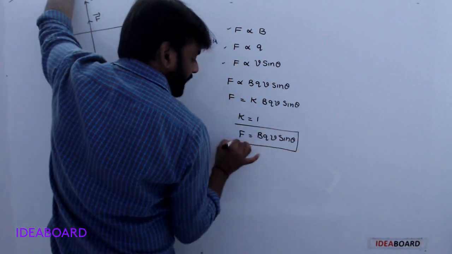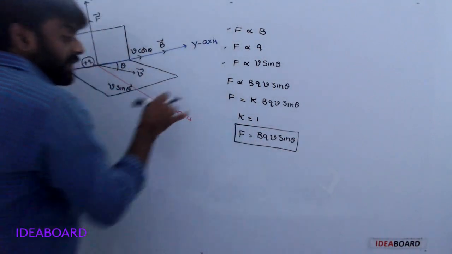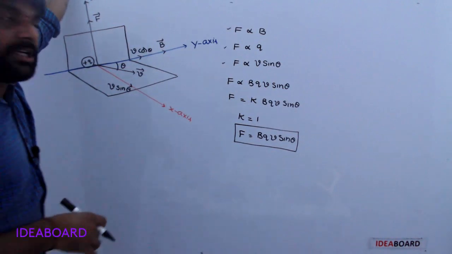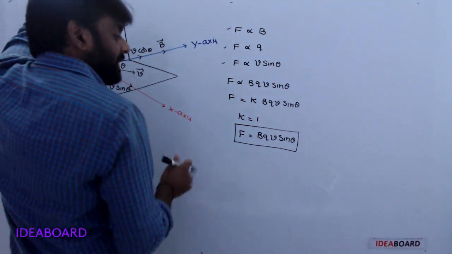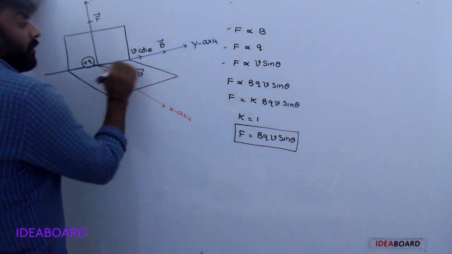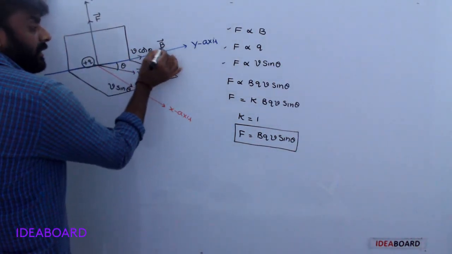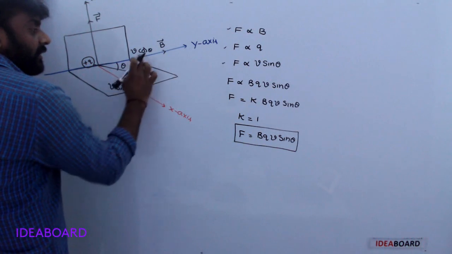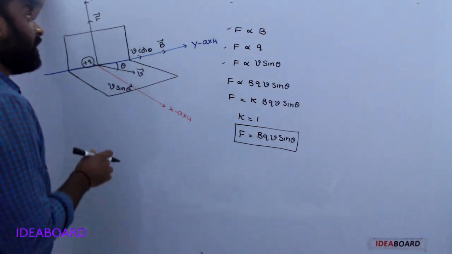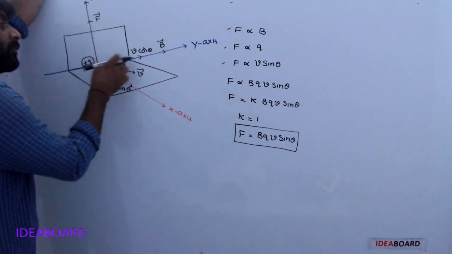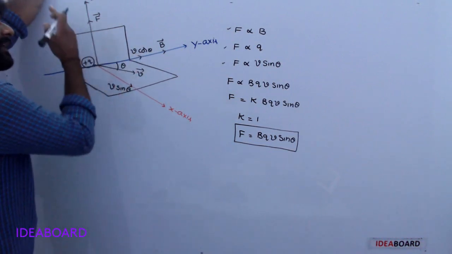This is the force on the moving charged particle. See here, B bar and velocity both lie in the xy plane. Now the force is perpendicular to the xy plane, that means along the z axis.